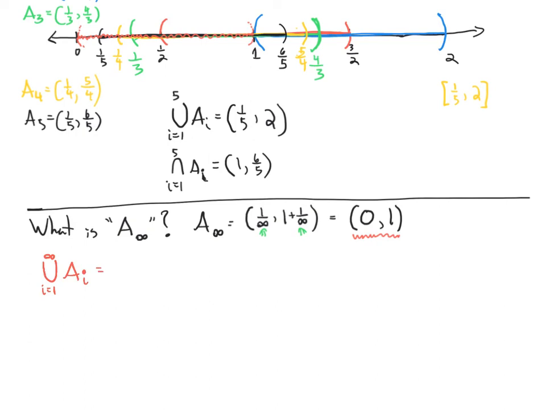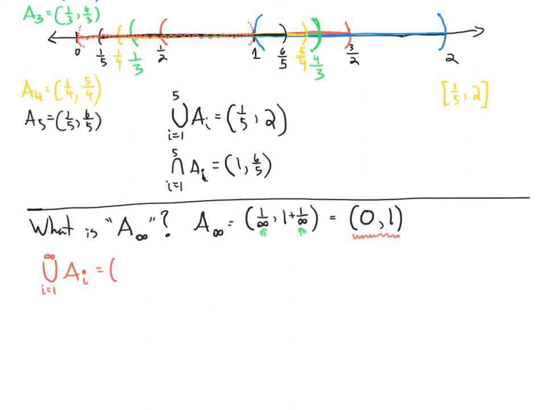Well, again, that's going to be all of the numbers that are in any set. So you can imagine, well, we have everything from 2 all the way down. So we have from 2 to 1 in A1, and then we gather some new stuff up to a half in A2, and then A3 takes us to a third, A4 takes us to a fourth, A5 takes us to a fifth.